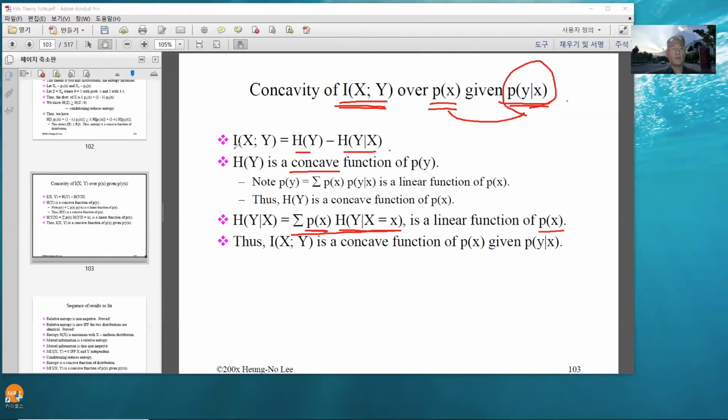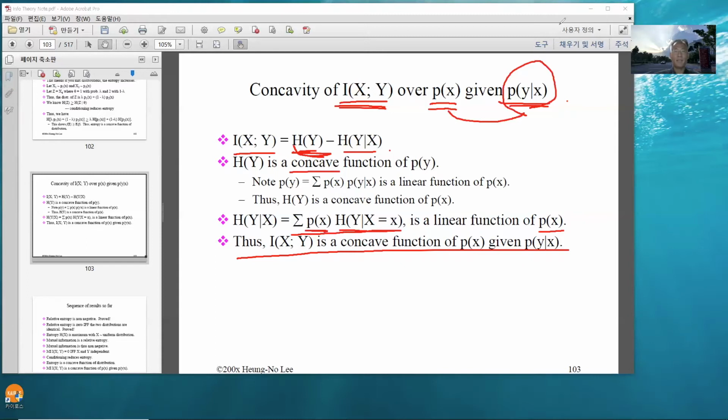So the mutual information is a concave function with a summation of linear functions of p(x). So what is this whole thing in terms of p(x)? It is a linear and concave over p(x). So it's a linear term and a concave term added together. So what is this function with respect to p(x)? It is a concave function because of the first one. So that's the hint how you can approach proving that mutual information given p(y|x) is a concave function over p(x).